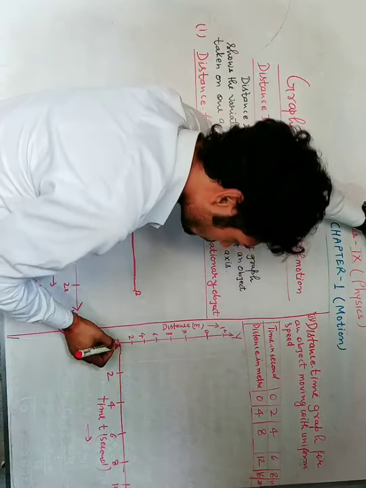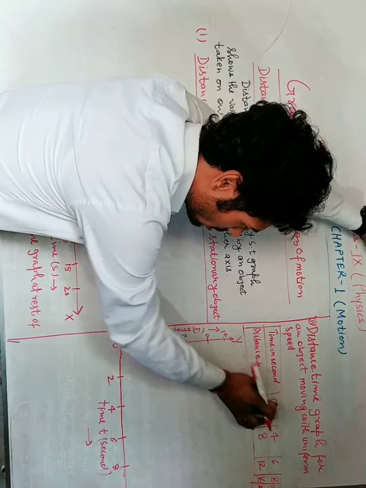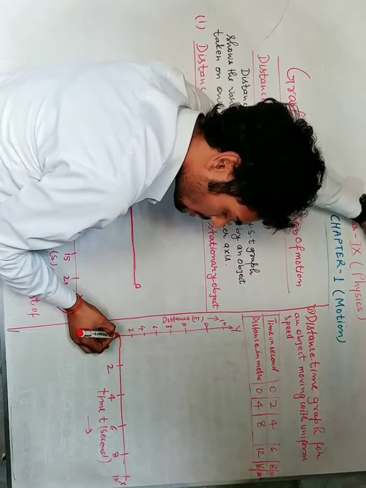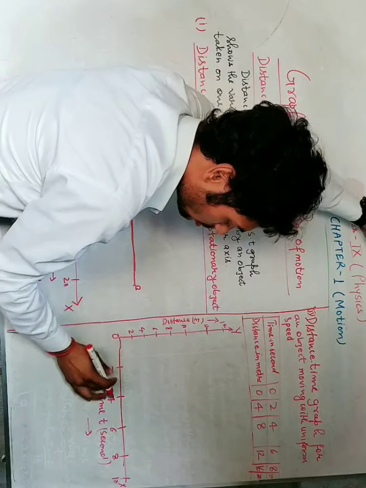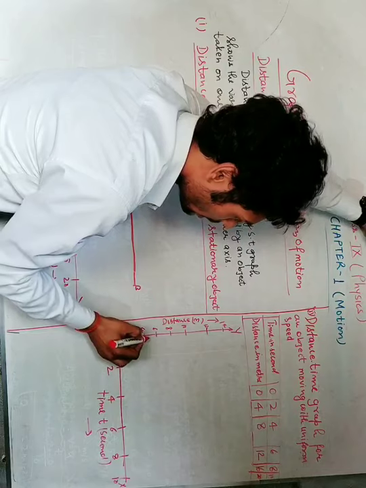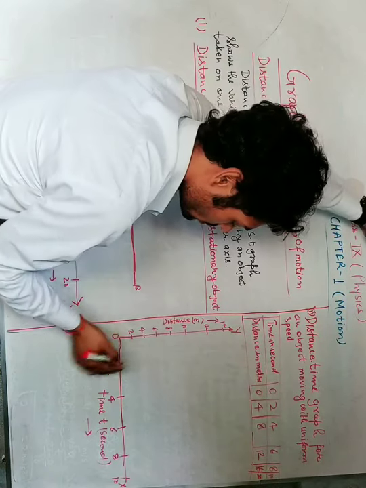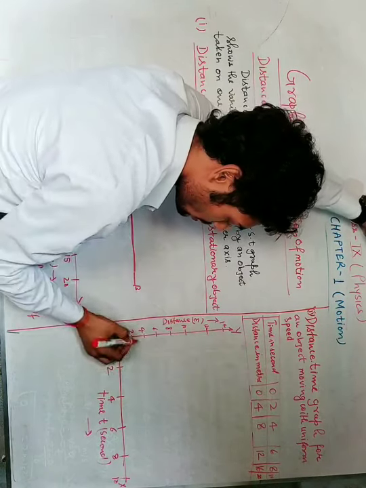So let us draw. Here time is 0 and then time 2 seconds. When an object starts moving from 0 and travels for 2 seconds, the distance is 4 meter. In 2 seconds it travels a distance of 4 meter.